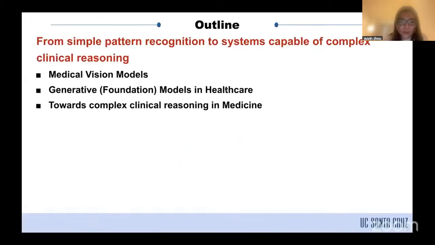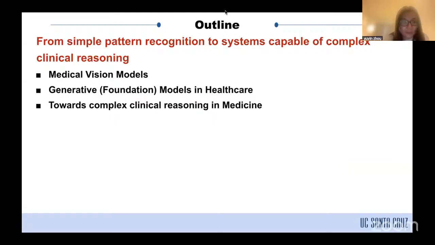So today I would like to introduce our group's work stemming from the earliest simple pattern recognition to build standalone medical vision systems to the nowadays advanced systems capable of complex clinical reasoning. Specifically, my talk will contain three components. First, we will introduce the background on medical vision and how to build medical vision models for different medical vision tasks.